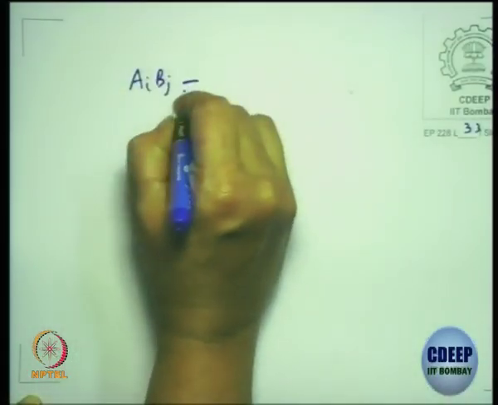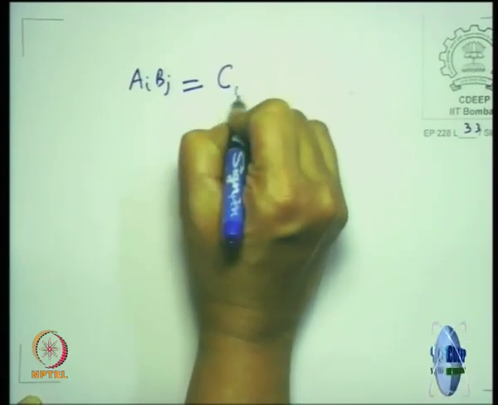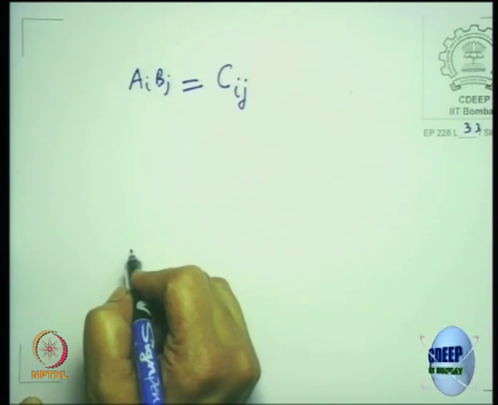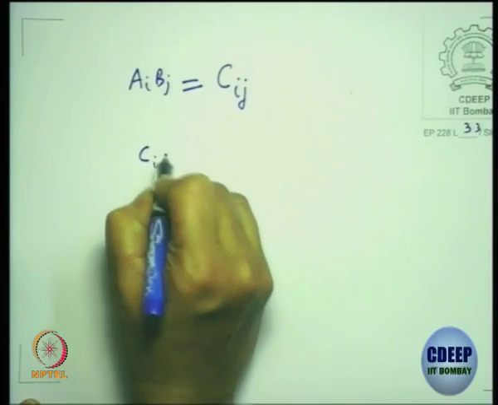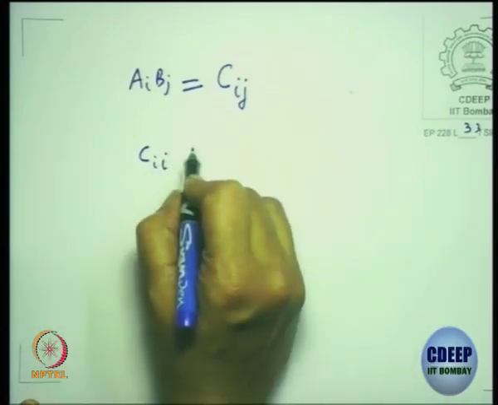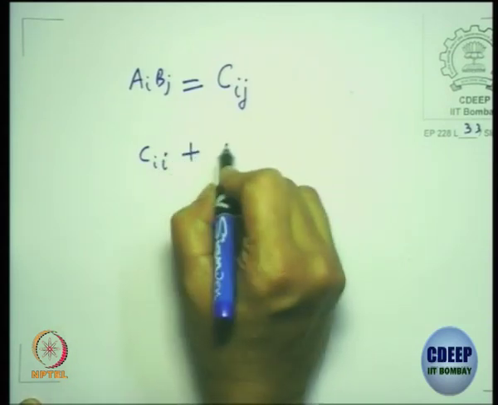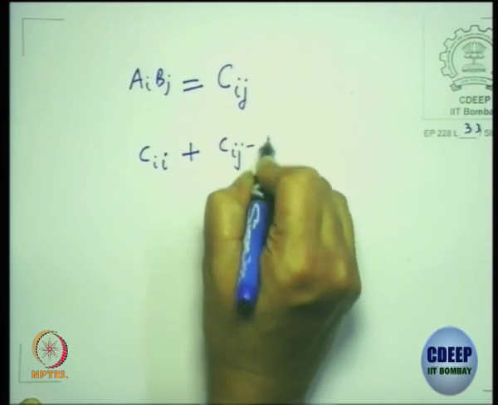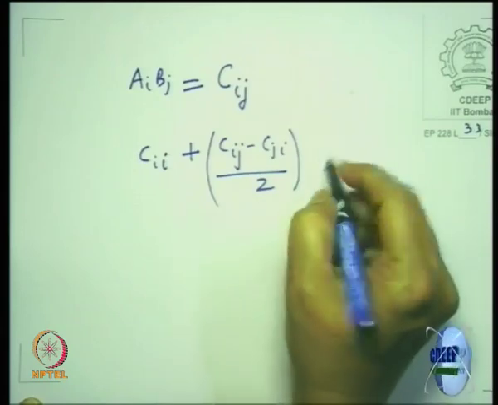So I am going to take Ai Bj. Let me call this T, if you are getting confused, let me put it as Cij. This Cij, I can write as Cii plus Cij minus Cji by 2.